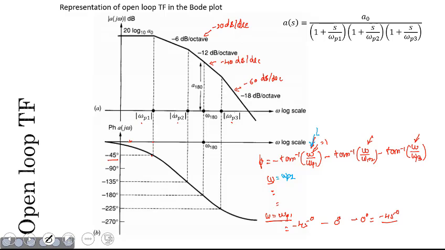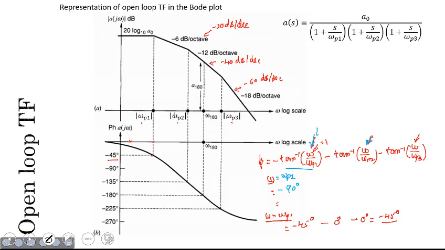Let us assume that this value is so large that it is almost closer to the value of 100 or more, right? So what happens to this tan inverse of 100 or 1000? This turns out to be 90 degree, right? That could be approximated as infinity, and when we approximate that, we already have attained the maximum phase shift due to this omega p1.